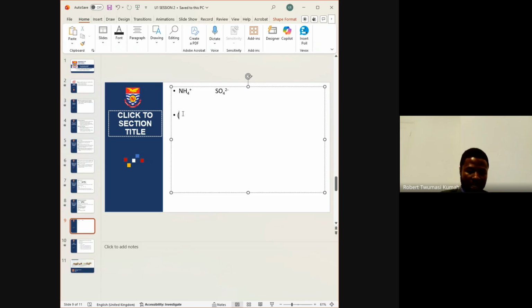We have NH4 bracket close, and then we now write the subscript, which is 2, and then we have the SO4. So this is our answer, or this should be, yes, Robert.